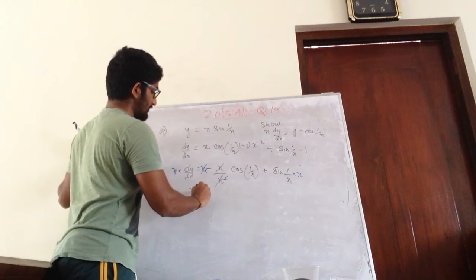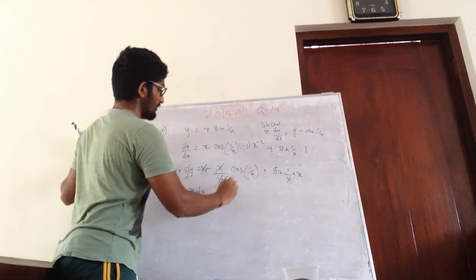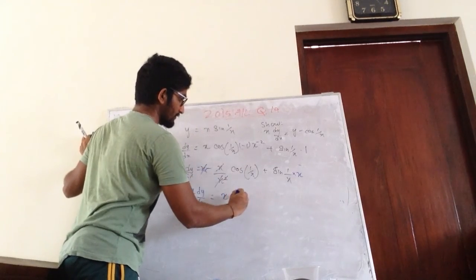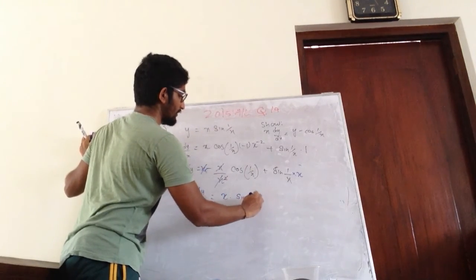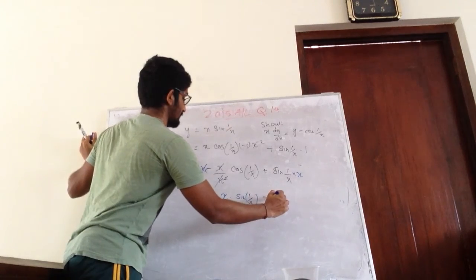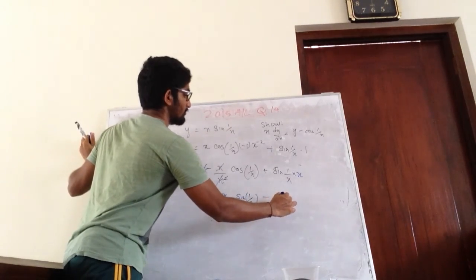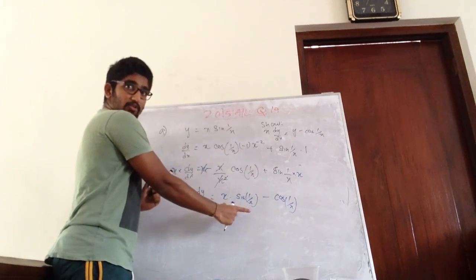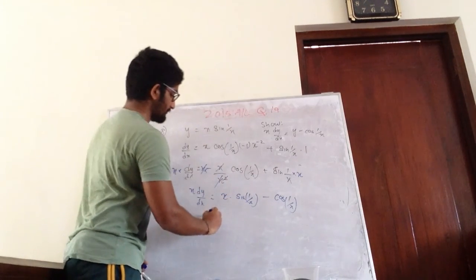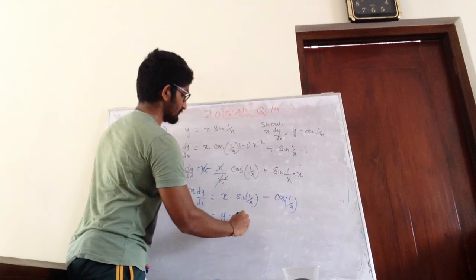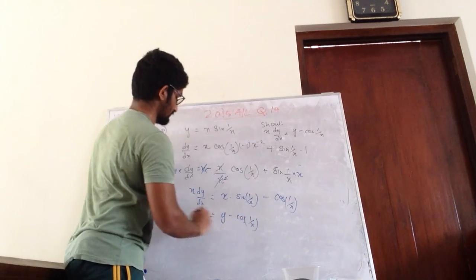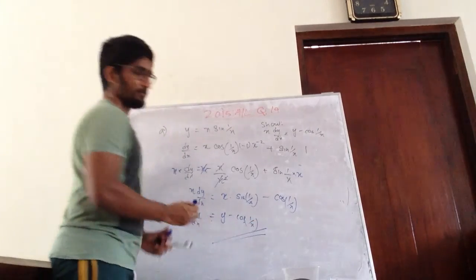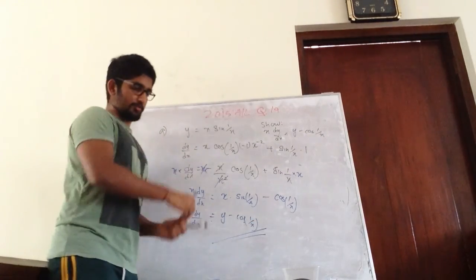Then I will get x dy over dx is equal to, I'm going to write this one first, sin 1 over x minus cos 1 over x. So we know that this part is y. Correct? So write this down.